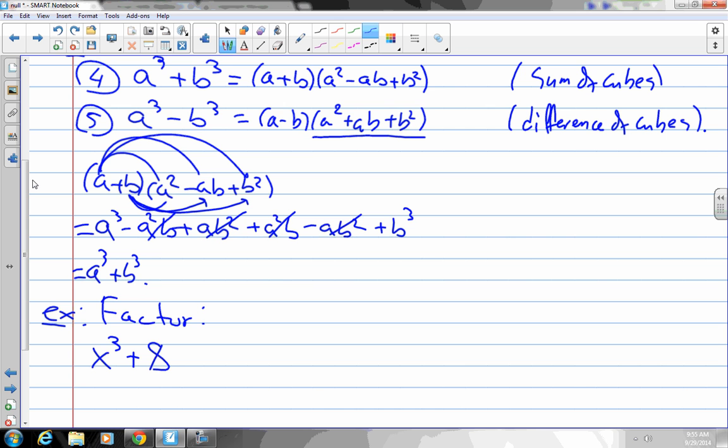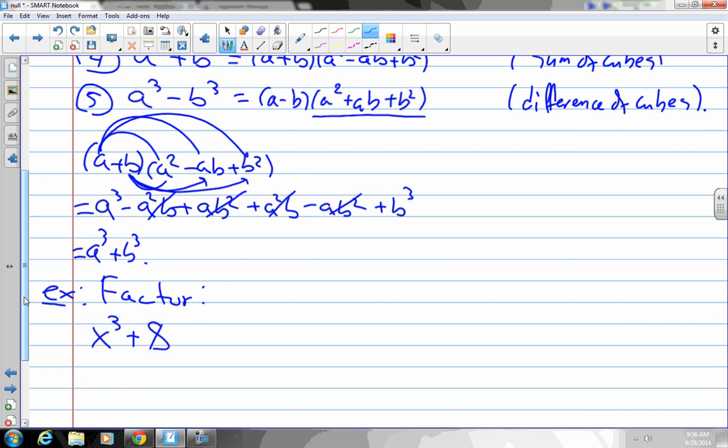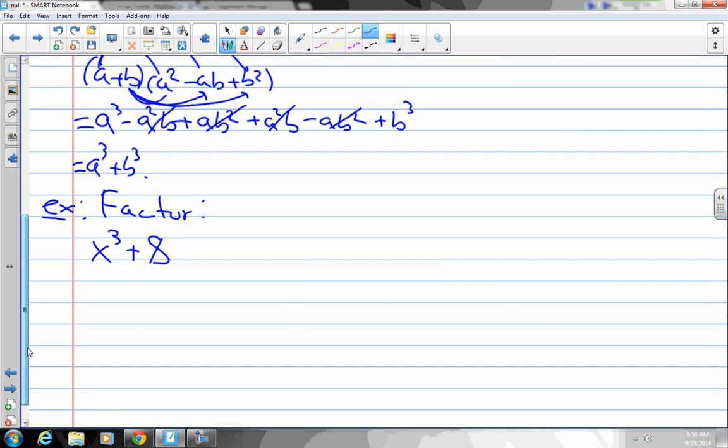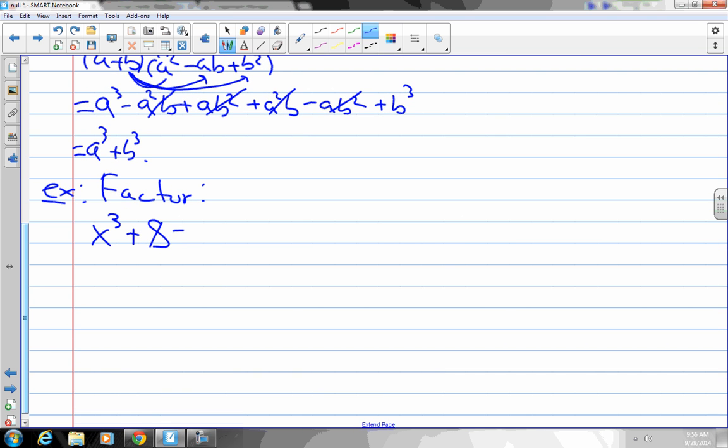So, no greatest common factor, not a quadratic, so we start to freak out. But what you notice is that x cubed is a perfect cube, right? And so is 8. Is 8 a perfect cube? What cubed equals 8? 2, right? So really, you don't need to write this step down, but this problem is x cubed plus 2 cubed. That's what really is going on here.